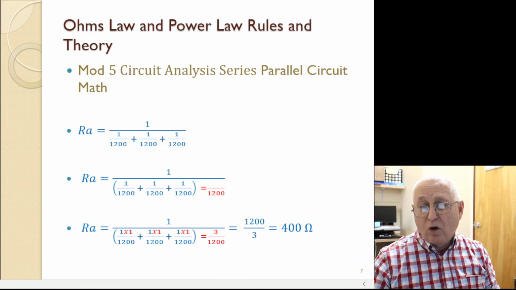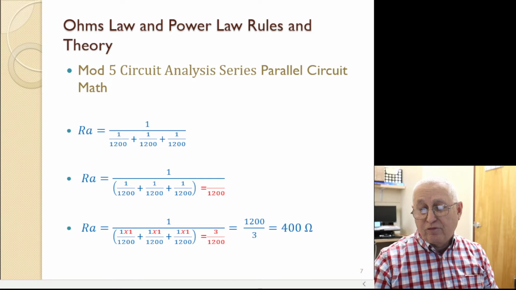We have 1 over 1 over 1200 plus 1 over 1200 plus 1 over 1200 equals, our common denominator will be 1200 ohms. 1200 divides into 1200 one time, 1200 divides into 1200 one time, and 1200 divides into 1200 one time. 1 plus 1 plus 1 equals 3.